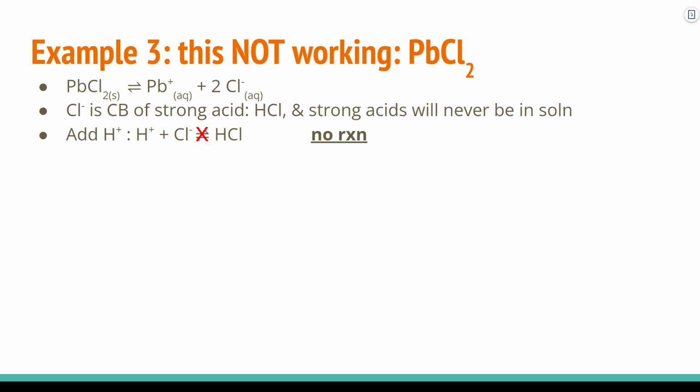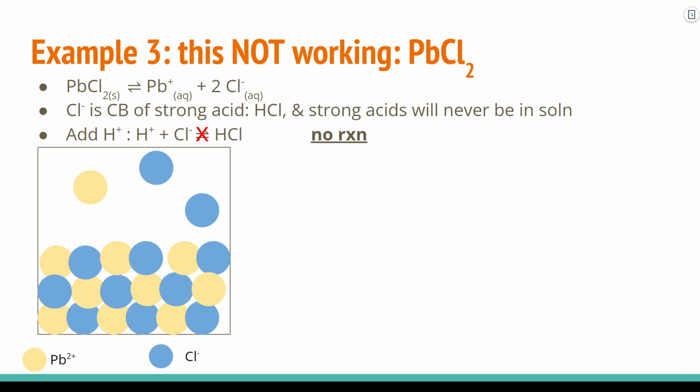So here is what I'm talking about. If I added some H plus in there from some other strong acid, the H plus and the Cl minus are not going to really interact to make hydrochloric acid. So that's why this process is not going to actually happen. And so here is an example drawing it where I have my lead 2 and my chlorides.